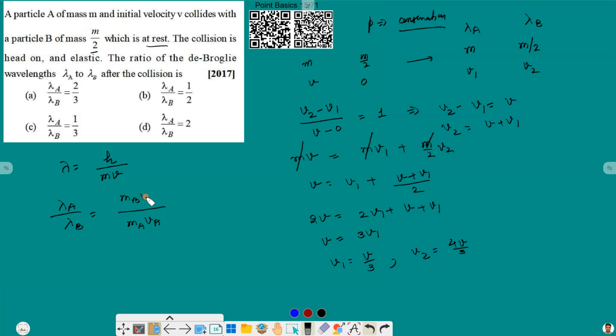Now mb is m by 2, velocity is 4v by 3, divided by m, and here we will have v by 3. So v by 3 gets cancelled, m gets cancelled, and this 4 gets cancelled with 2. So the ratio will be 2 to 1. That is option D for us.